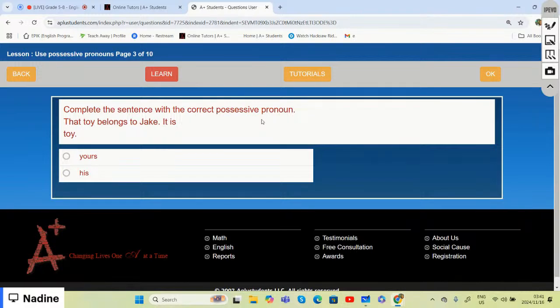That toy belongs to Jake. If the toy belongs to Jake, then do we say it is yours?